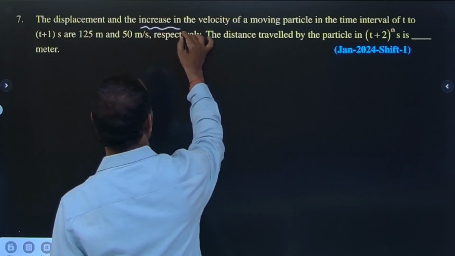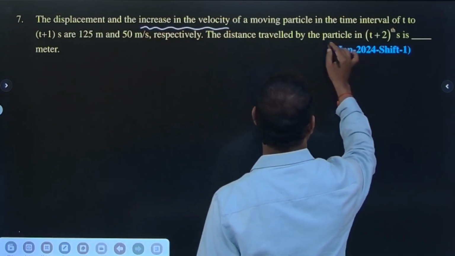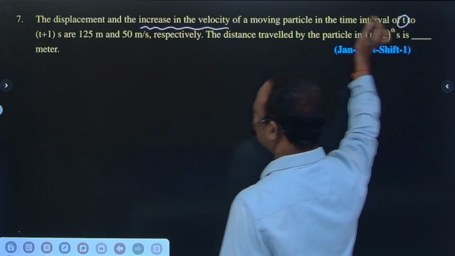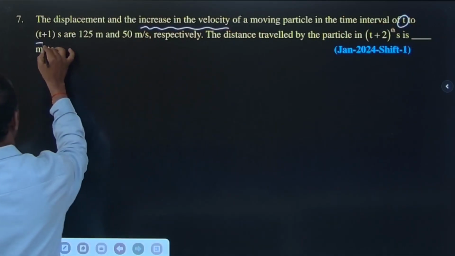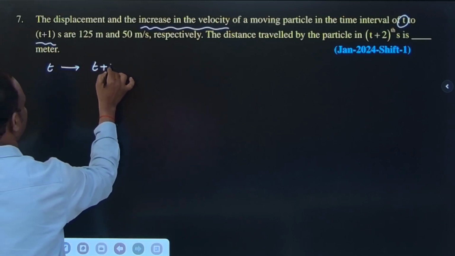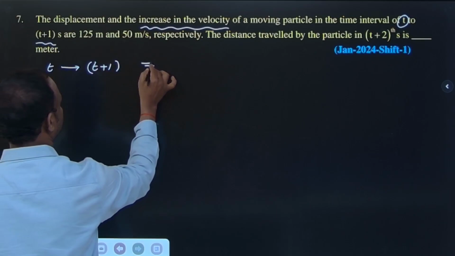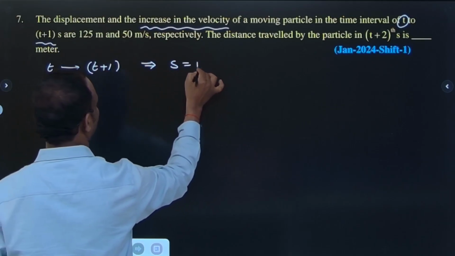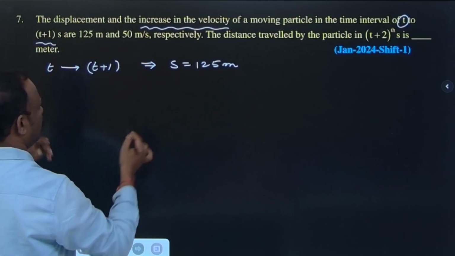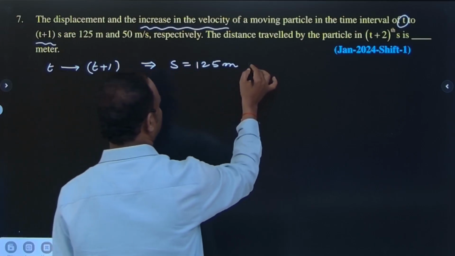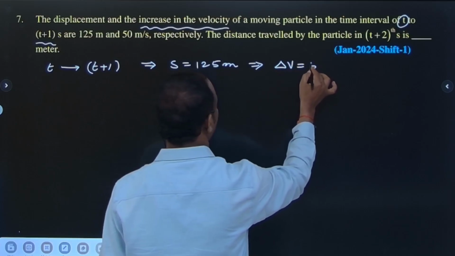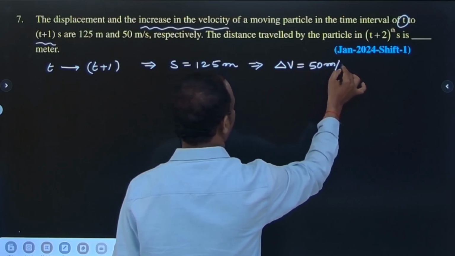But displacement and the increase in velocity. This is the increase in velocity of a moving particle in a time t to t plus 1. From t to t plus 1 seconds, the distance traveled s is equal to 125 meter. And the change in velocity, delta v, is equal to 50 meter per second.